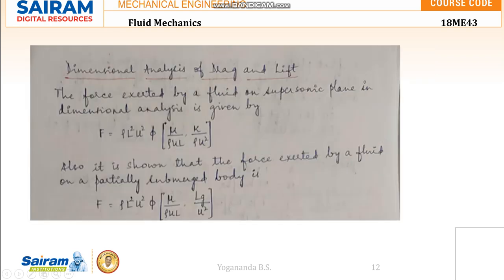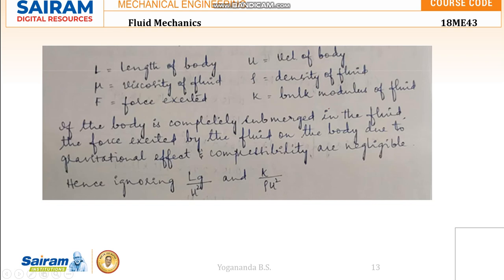So we are ignoring the gravitational force, so this ratio L g by U square is ignored. Similarly, the bulk modulus factor K divided by rho U square, because we have a relation between the bulk modulus K and the compressibility. If the force due to compressibility is ignored, we are ignoring this factor K by rho U square also.